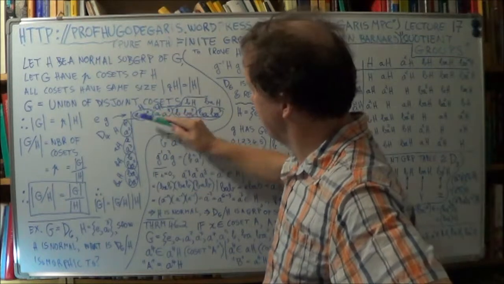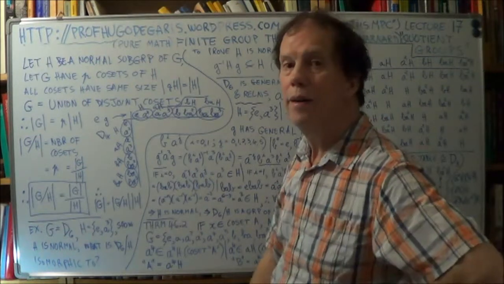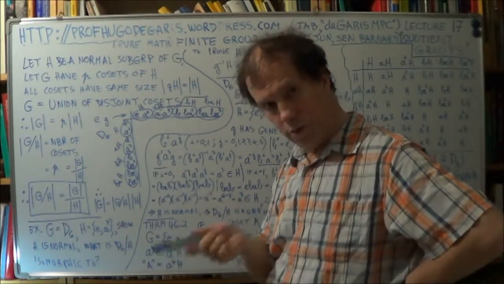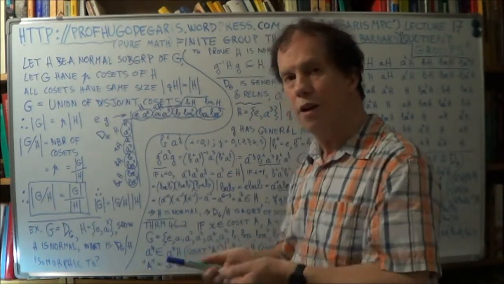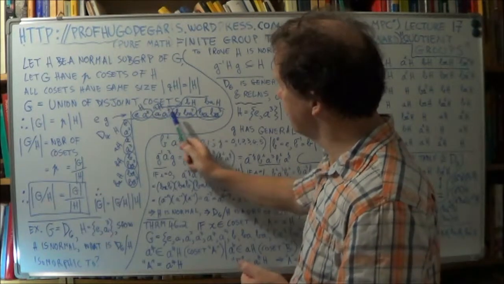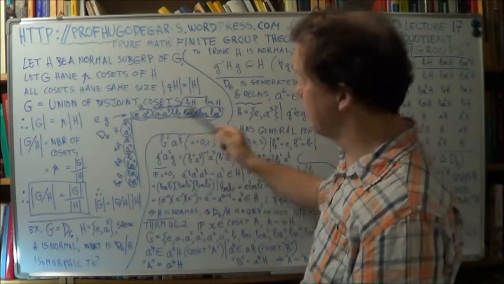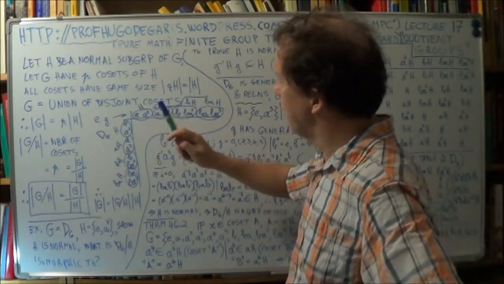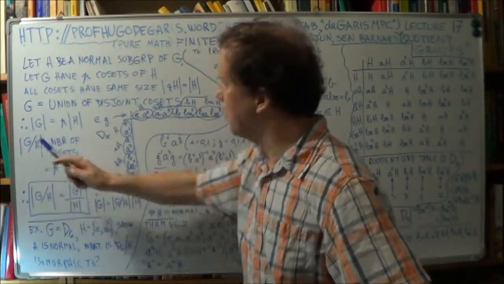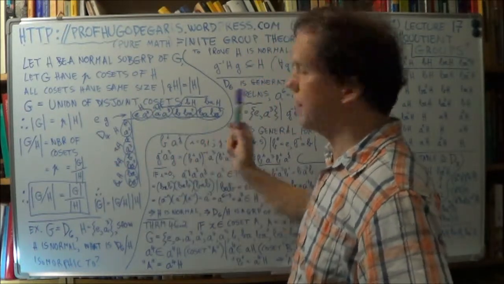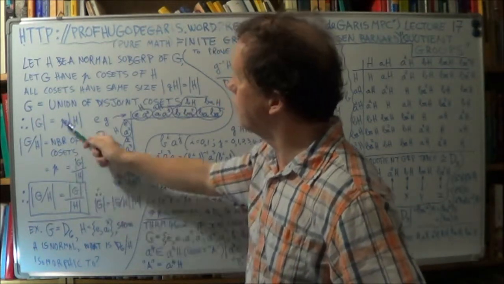But in the quotient group that we're forming, these cosets are the elements of the quotient group. So what's the order, the size of your quotient group? Well, it'll be the number of cosets. In this case we've got 4 cosets, so our table will be 4 by 4. So the order of your quotient group will be equal to the number of cosets, which is p. But what is p?